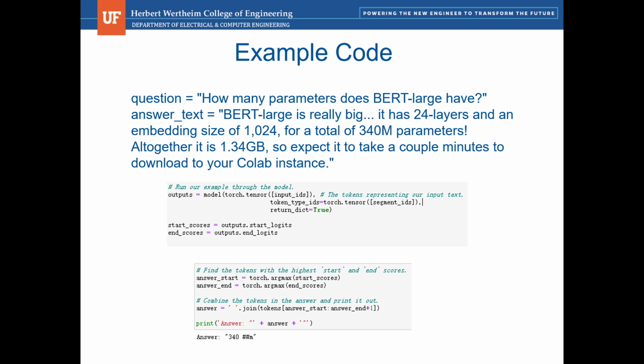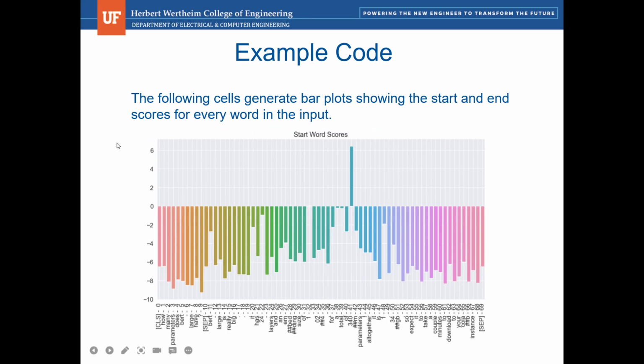Okay, so right now we've already fed our example into the model. We can highlight the answer just by looking at the most probable start and end word. The following plot is generated to show the start and end score.